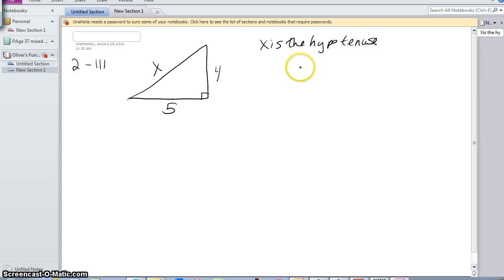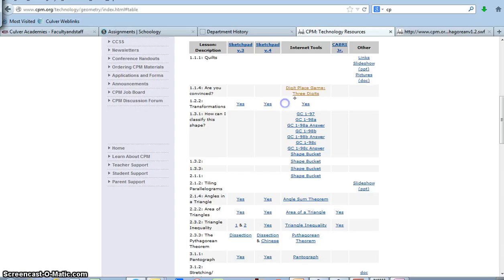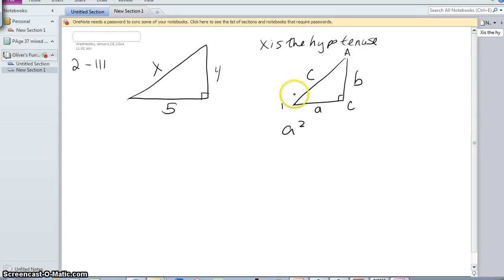And we use the model triangle ABC, where C is the hypotenuse.